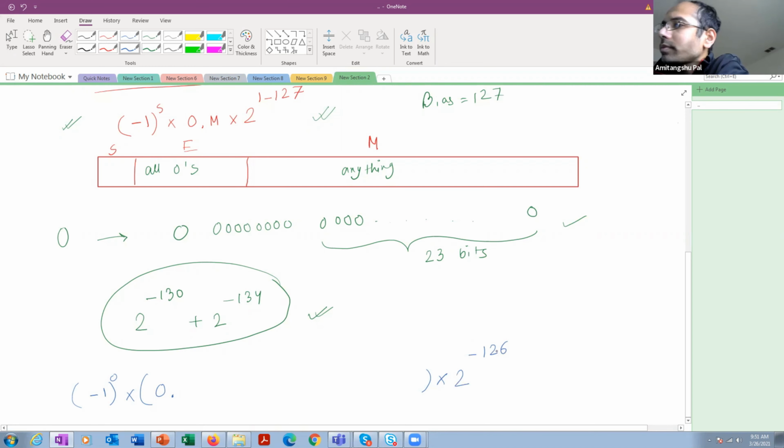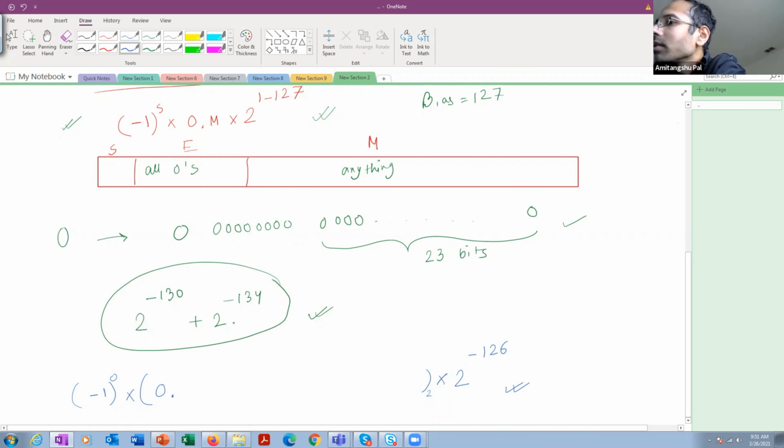This 0.mantissa part is in binary format. So which bit pattern do I need to put in the mantissa part to ensure that this value is 2 to the minus 130 plus 2 to the minus 134?